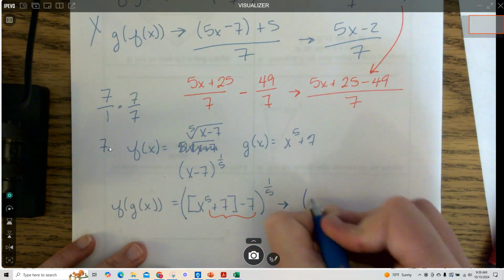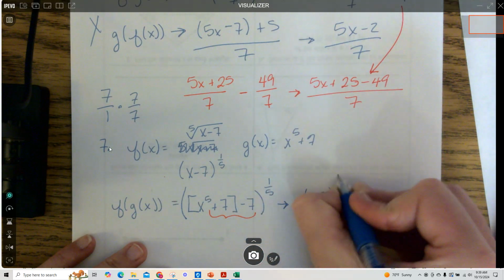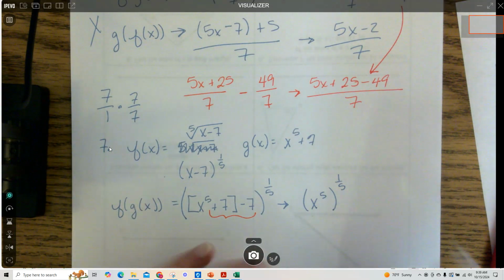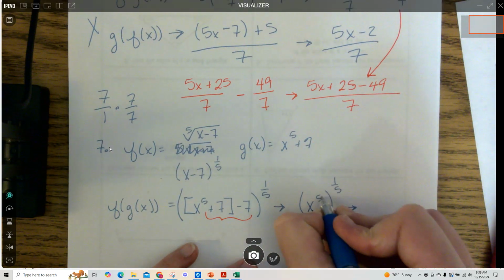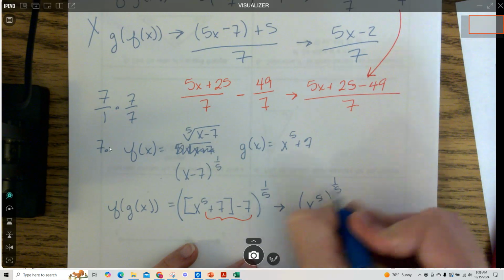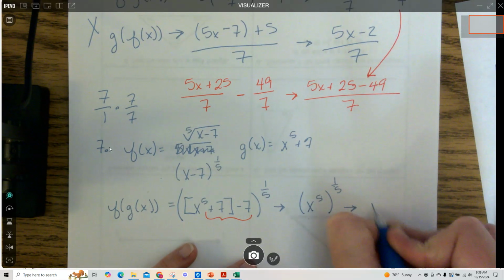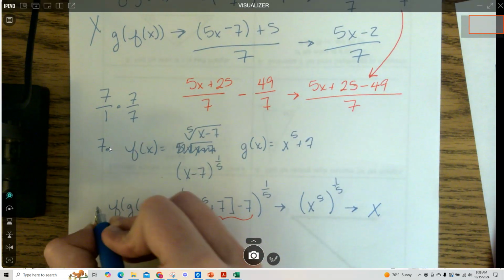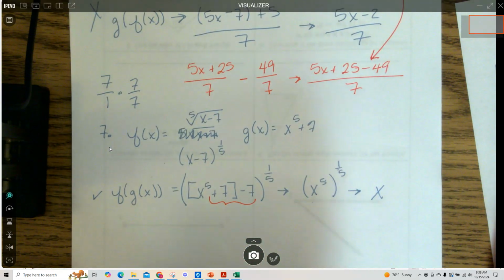So now I'm going to have x to the 5th to the 1/5. Power to a power rule: multiply. 5 times a 5th is a 1. Gives me an x. So, as of right now, we've got inverses.